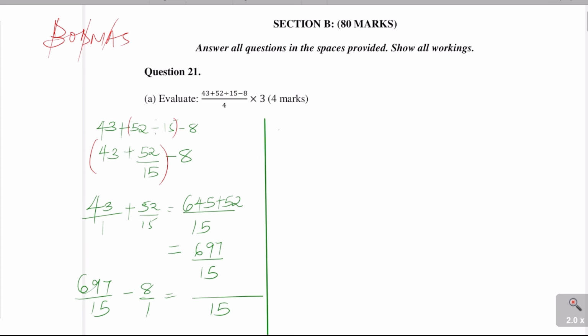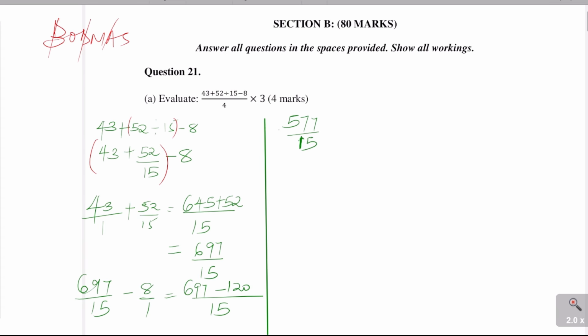The LCM is 15. 15 divided by 15, 1. 1 times 697, you get 697. Subtract 15 divided by 1, 15. 15 multiplied by 8, that will give 120. So 697 subtract 120, that will give 577. 577 divided by 15. That is what you get.